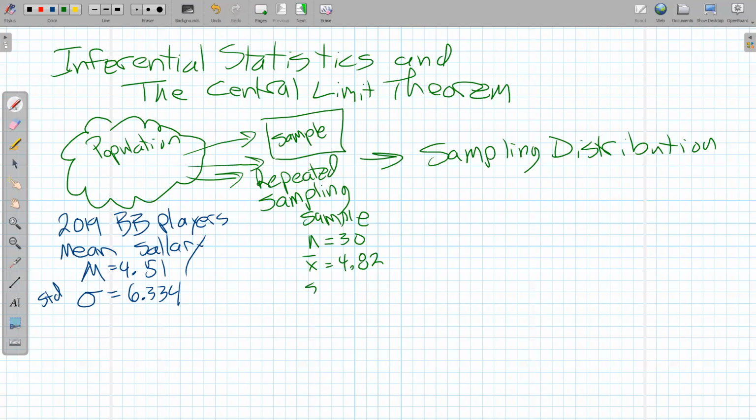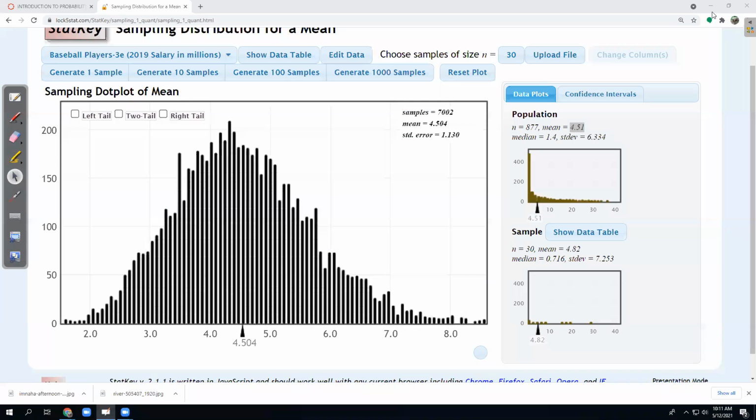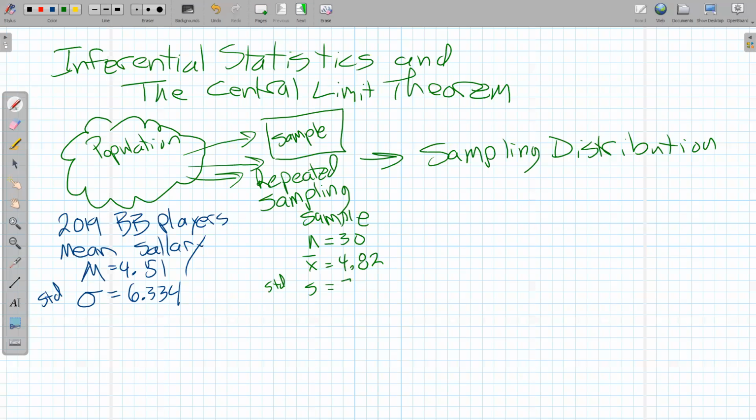It also has a standard deviation. For a sample, we call that S. So STD is called S for a sample. And that particular one had a standard deviation of 7.235. We're not going to get into what the central limit theorem says about the relationship in standard deviations precisely, only a little bit next week.